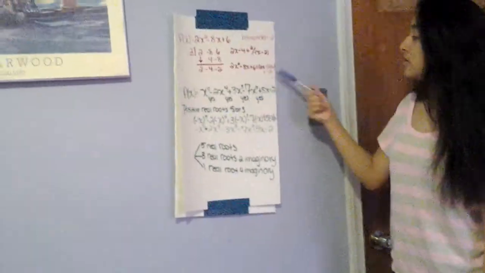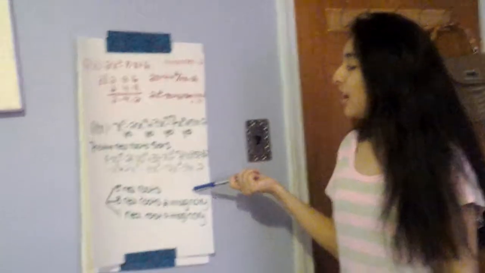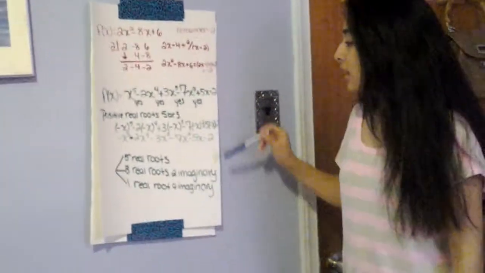No wait, positive to a negative. I apologize. Positive roots are 5 or 3.